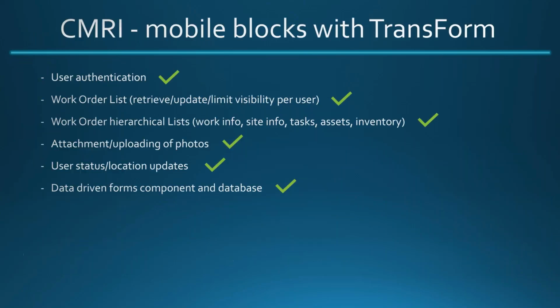So user authentication, work order lists, reading, updating, entering new ones, hierarchical lists, various levels of data within a work order, attaching and uploading of photos, location updates of users with status updates, and the data-driven forms part, which is the most complex part, is actually Transform. It is the platform itself.